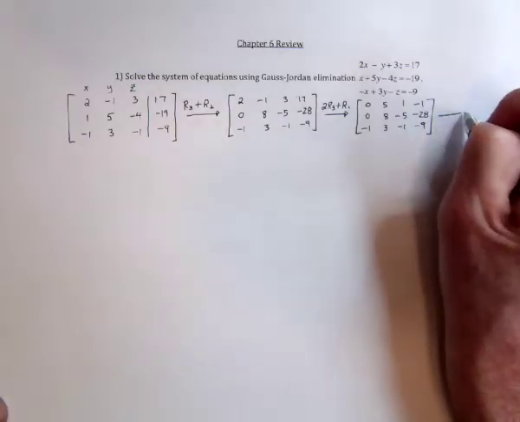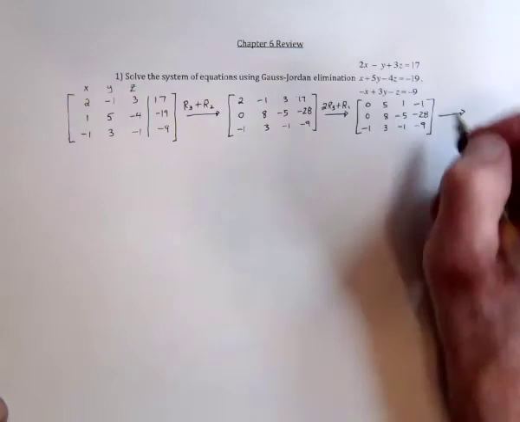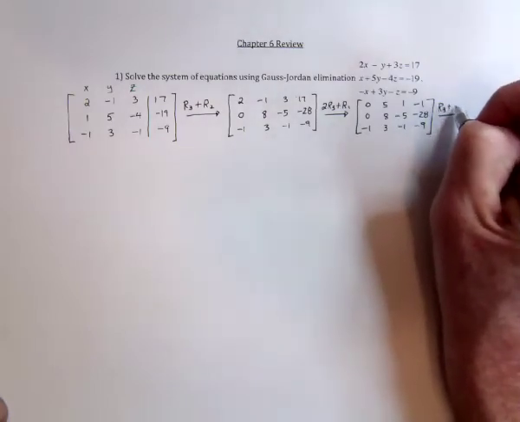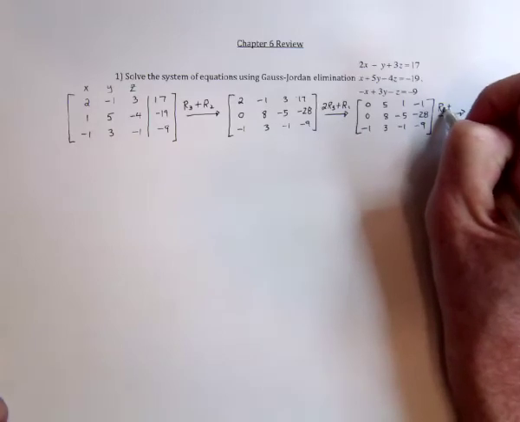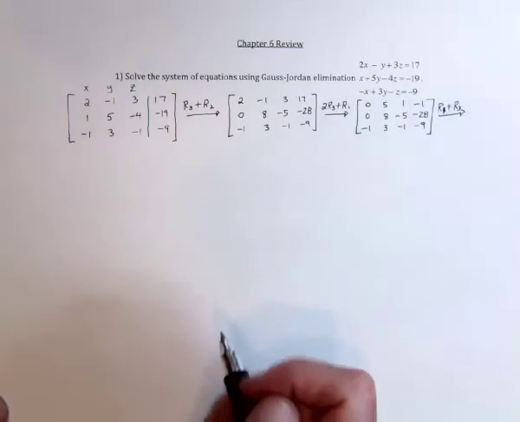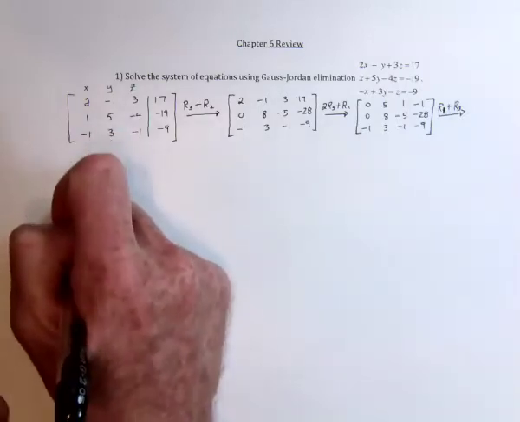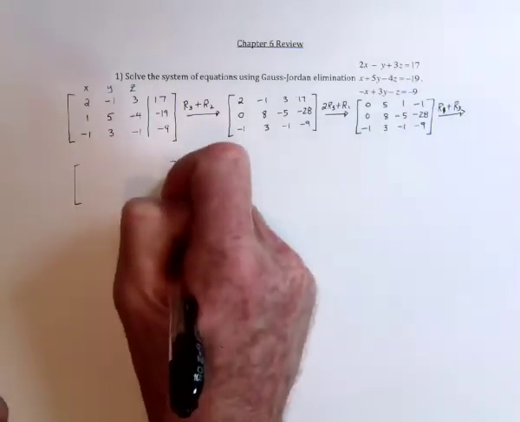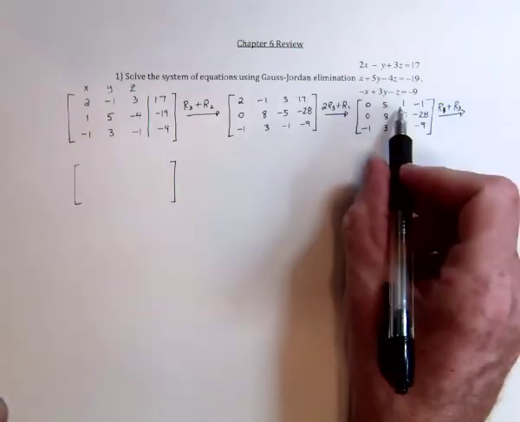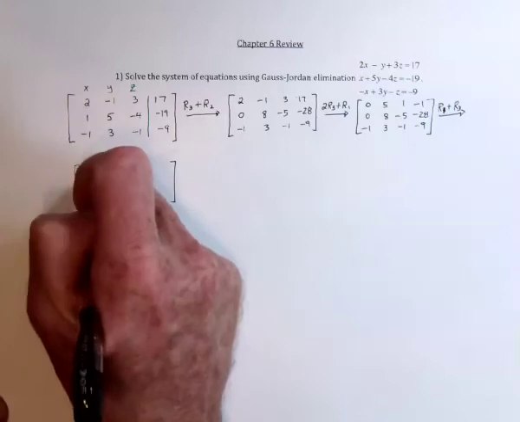So next is going to be take row number 3 and add row number 1 and add it down to row number 3. So this one is not going to change, and this one's not going to change.